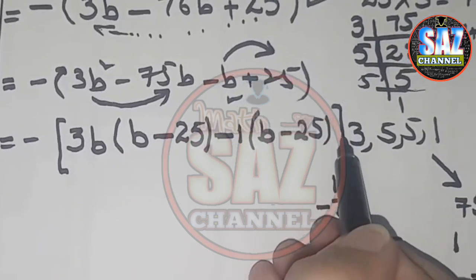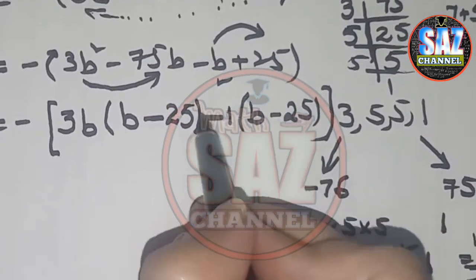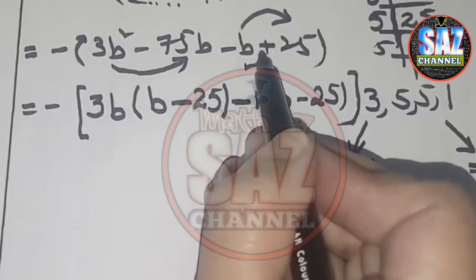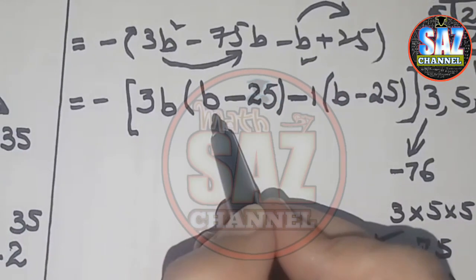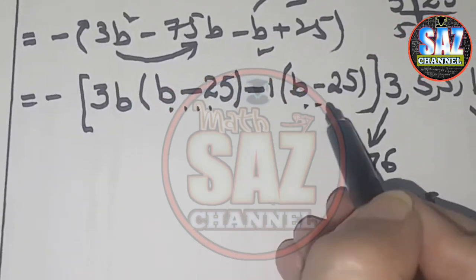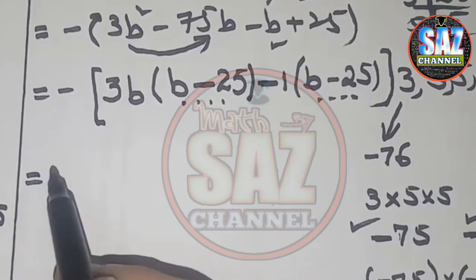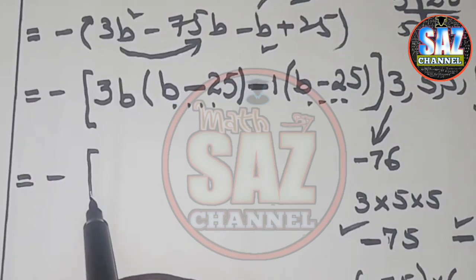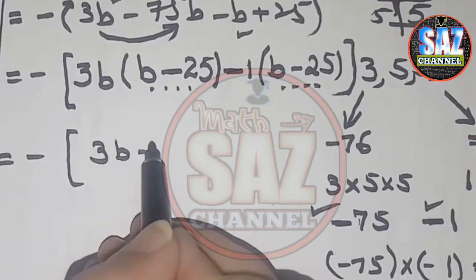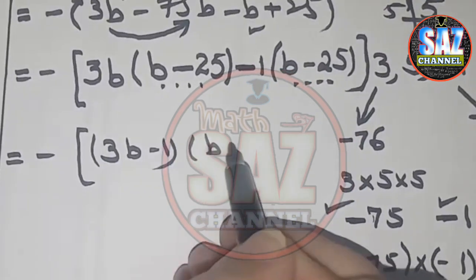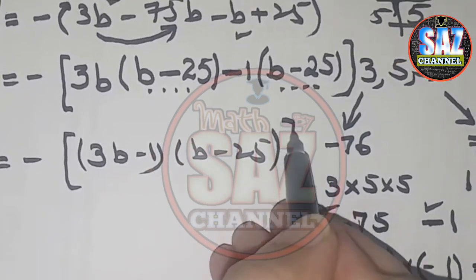Because in this way, when I multiply this minus sign with the minus sign, I will get my original sign back. Now you can see that this b minus 25 is the common group. I have to again extract it out. 3b minus 1 and b minus 25.